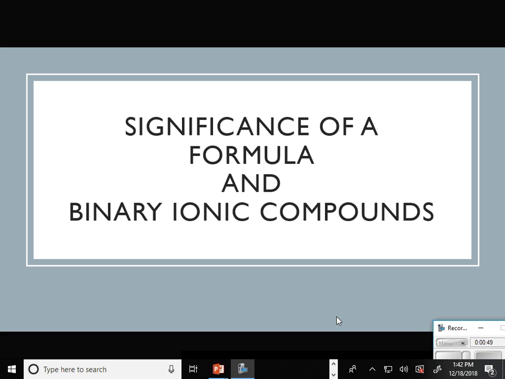Now, people, it's very important that you understand nomenclature, because if you can't take the name of a chemical and write the formula for the chemical, you are going to struggle in chemistry class until about the end of the third 9 weeks, because we are doing it a ton.